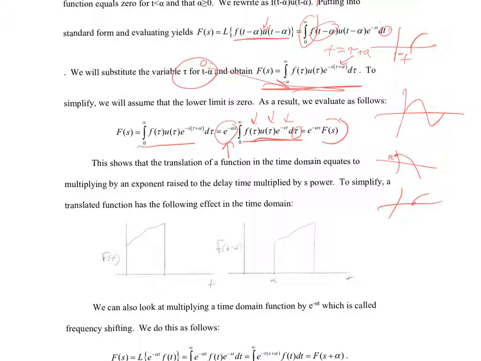Then you multiply it by e raised to the negative a times s, and your delay is the a term. That's all you need to do. Just treat the original function, bring it to the Laplace domain, do e to the minus as, and you're good to go. All right? Questions on that?